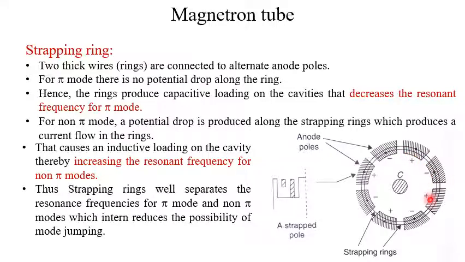Since the potentials are different, that will produce a current flow in the ring. Since there is a current flow, that causes an inductive loading on the cavity, thereby increasing the resonant frequency for non-pi modes. Thus strapping rings well separate the resonant frequencies for pi mode and non-pi modes, which in turn reduces the possibility of mode jumping.